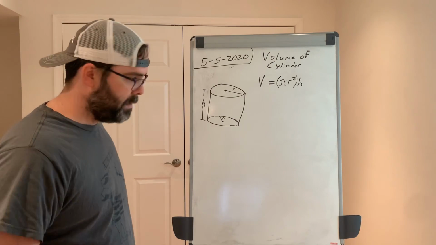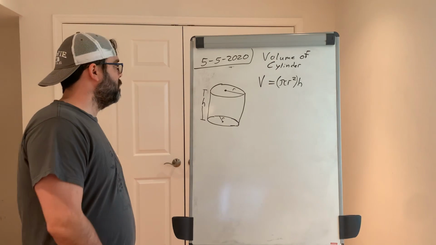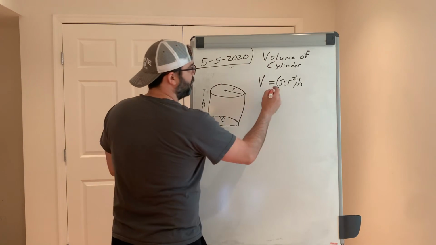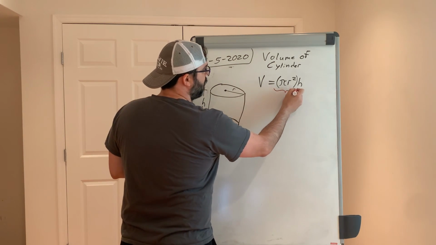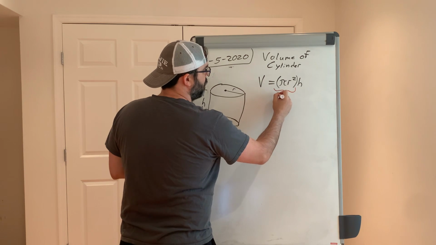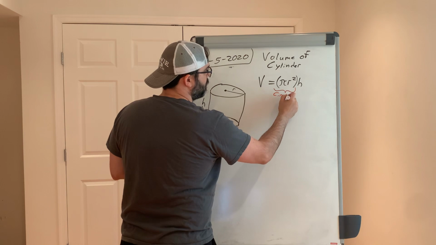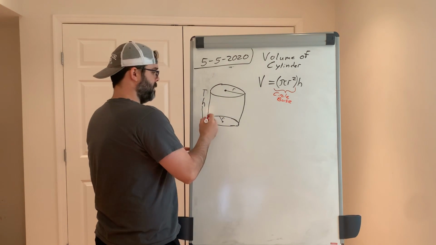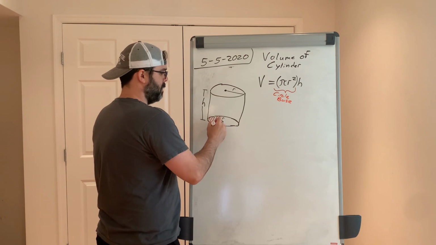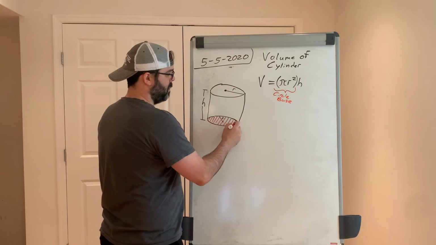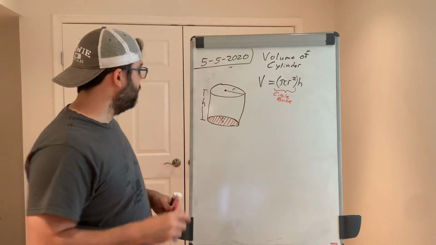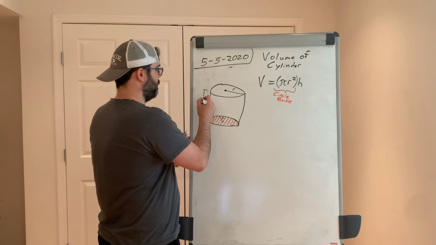And in fact, this part of it is the area of the circle here. So this part of it comes from the circle base. That's this space here. And the height is actually this space here.